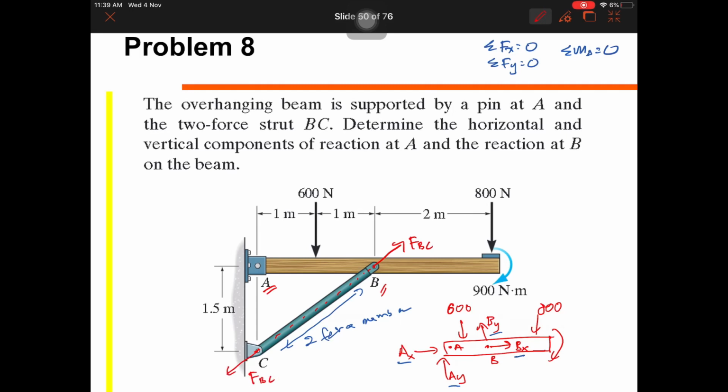So that's the force in this strut. We call it a strut. So instead of using two forces at point B, BX and BY, we only have one force, which is FBC. Let's say this is also FBCY, FBCX. So we are left with only one force because we already know the direction.